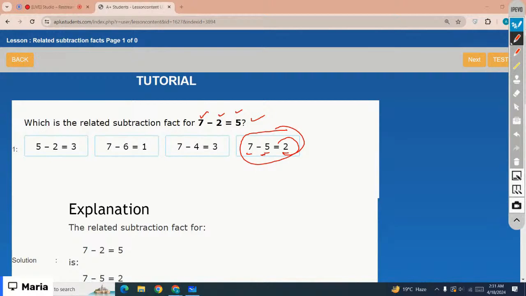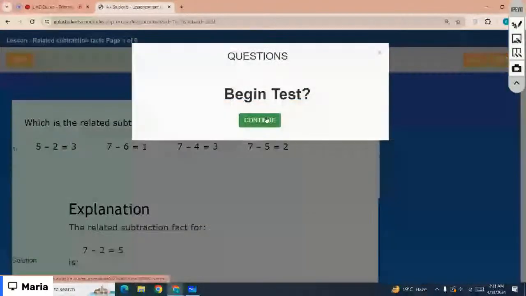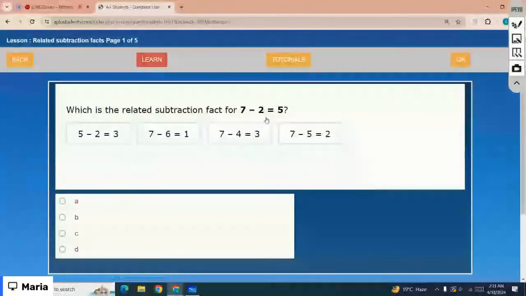Let's just start with the practice questions. You can have a look at them. They are already solved, right? Let's start with the first one: which is the related fact for 7 take away 2 equals 5? So which is the correct option?